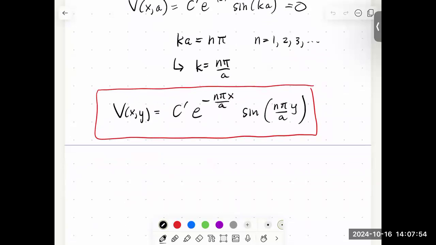Now, what we could say about this is that so far, this solution does not currently satisfy all boundary conditions. We still have one more boundary condition to think about.